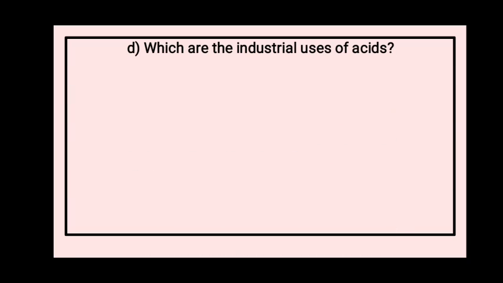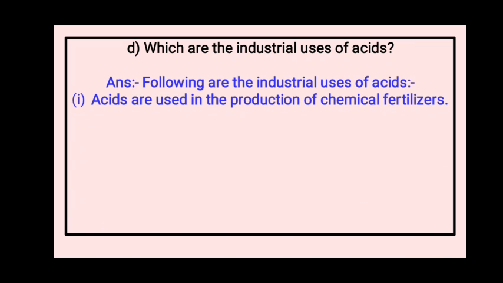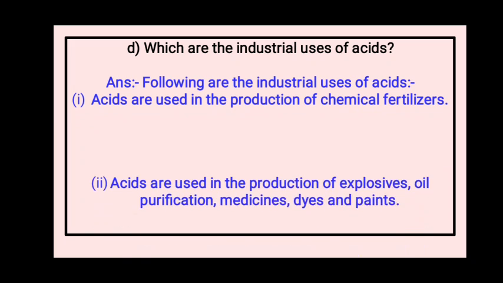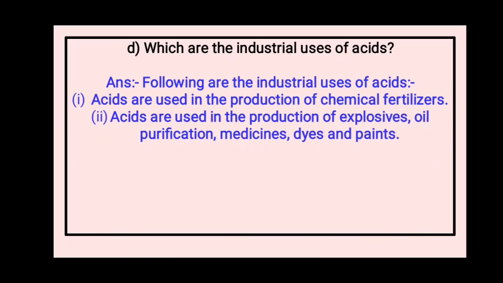Fourth one, which are the industrial uses of acids? Now you can copy the uses from page number 86. There are 6 uses of acids which are given. First one, acids are used in the production of chemical fertilizers. Acids are used in the production of explosives, oil purification, medicines, dyes, and paints.